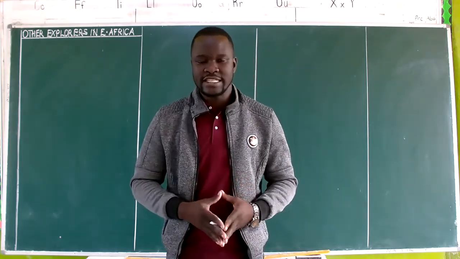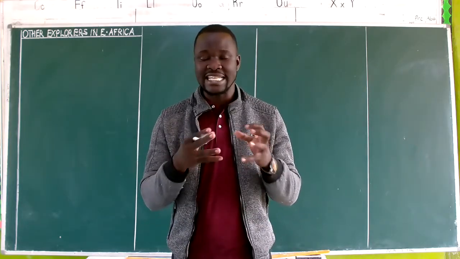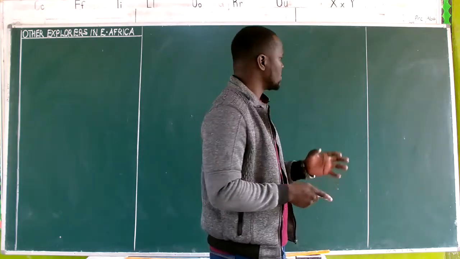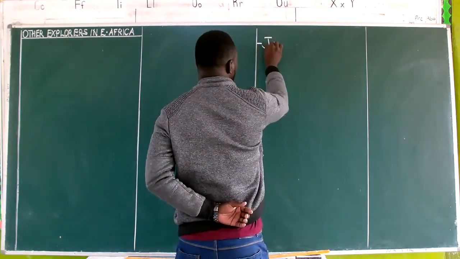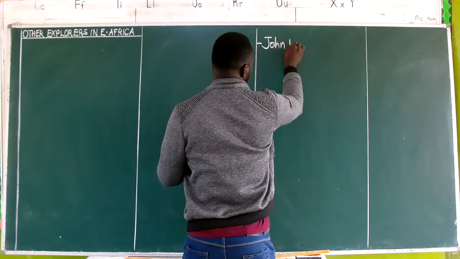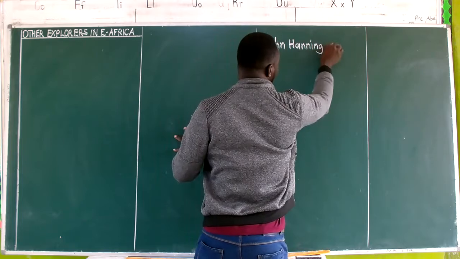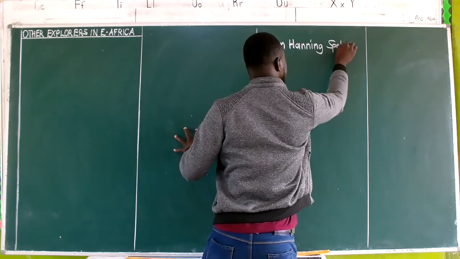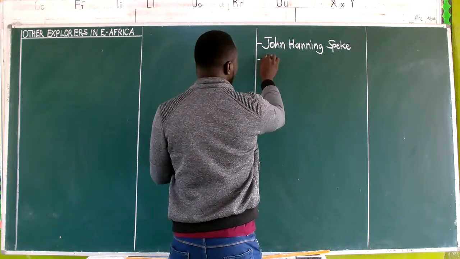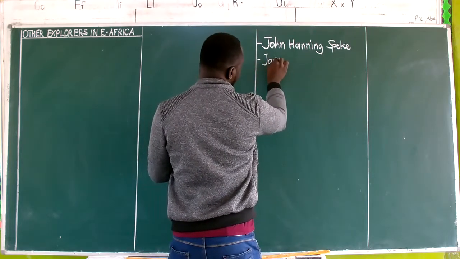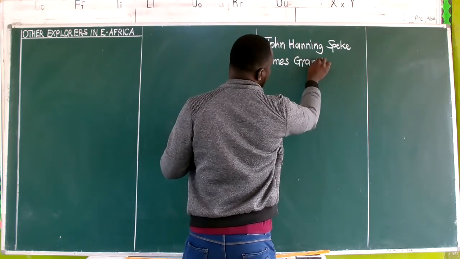And what is very interesting is, in Primary 5, we looked at those explorers that entered Uganda. If we were to begin writing some of them, you would find that we talked about John Hanning Speke. And this is the one we said was the first to enter Uganda. And then we also talked about James Grant. James Grant entered Uganda.